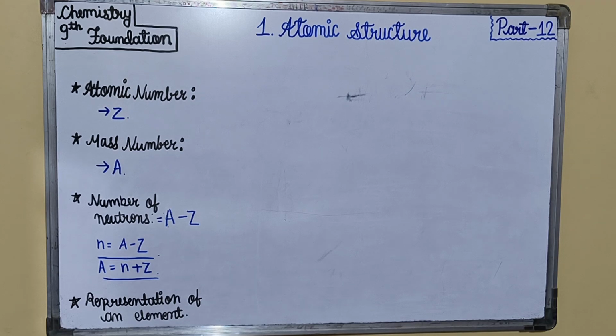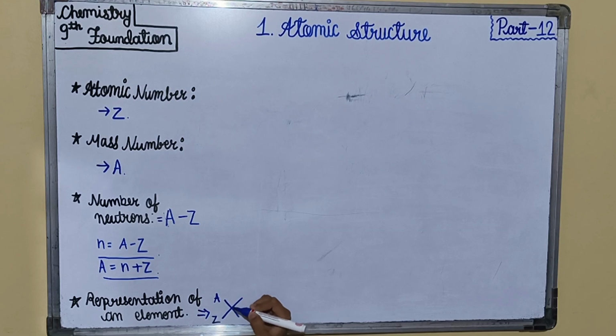All the details of an element cannot be conveyed by a symbol. Hence, there is a need for a representation that conveys all the possible details of an element. One such representation is like this: let X be any element symbol. This is just for representation. At the left lower side there is the atomic number, and at the left upper side there is the mass number.